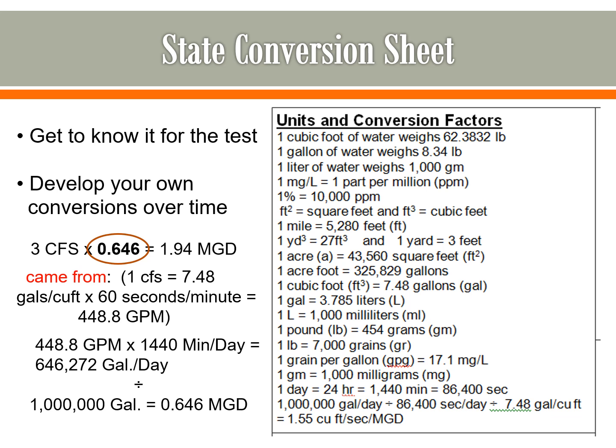But if you take that same 448.8 gallons per minute and you multiply that by 1,440 minutes per day, then you're left with 646,272 gallons per day. You divide that by 1 million, and you're left with 0.646 million gallons per day.